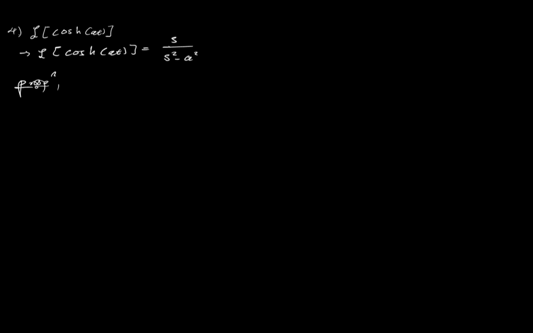Now I need you to understand something. Cos hyperbolic of an argument at is equivalent to e to the at plus e to the minus at, and all this is divided by what? 2. So in basic sense, we are finding the Laplace of this identity.